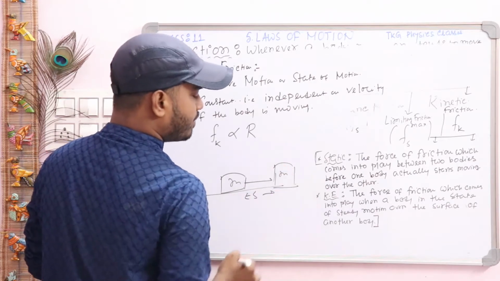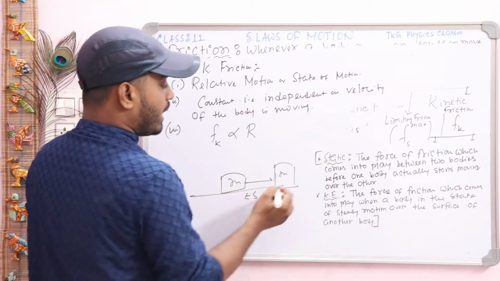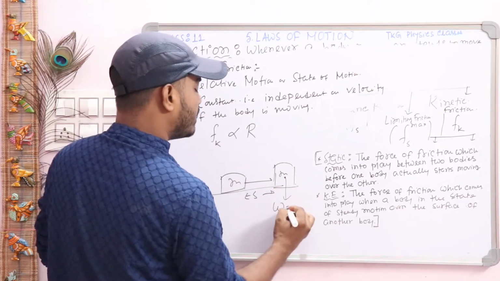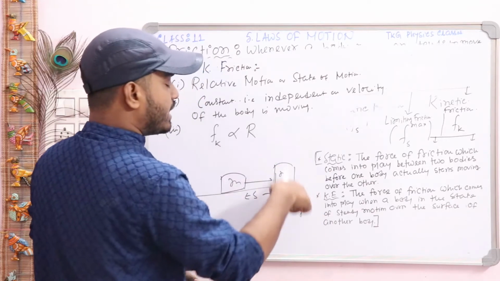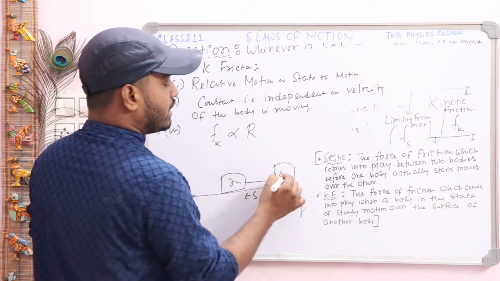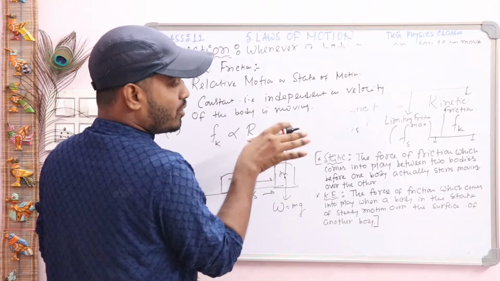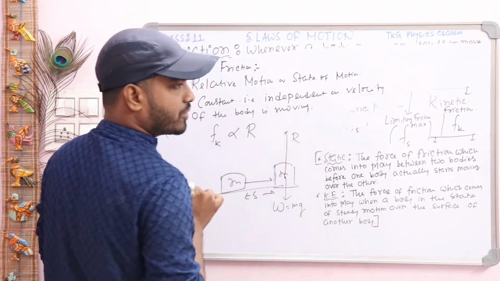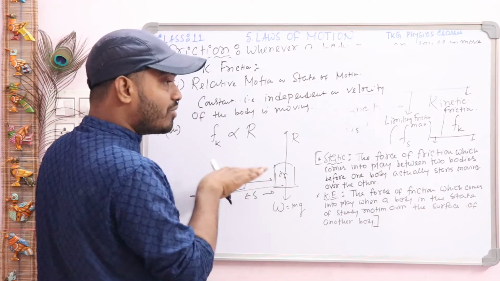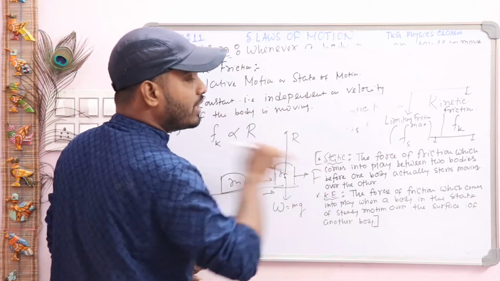This is the body of mass m, the same body under motion. Now suppose the body weight, W equal to m into g, is directed vertically downward, and we already learned that normal to the surface there is a force named as the normal reaction force, and the body is moving along that direction. That means an external force is applied along the positive x-axis. That's why the body is moving.